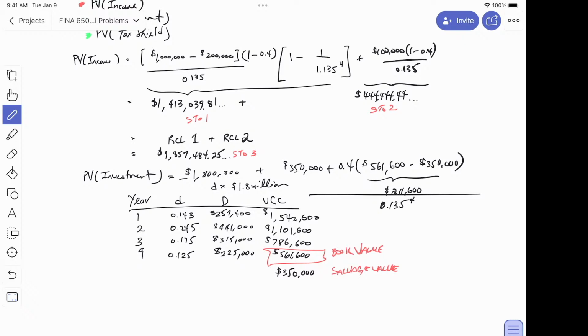All right, so investment includes the capital expenditure, the effect as a result of the sale of the asset in the 4th year, and net working capital investment cash flows. So what would that be?